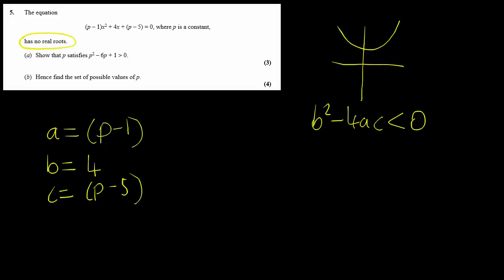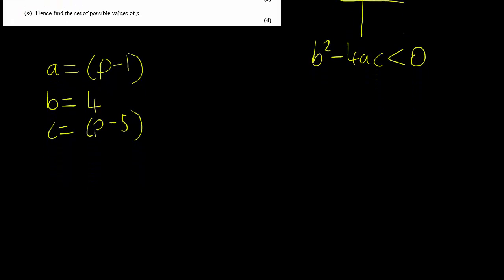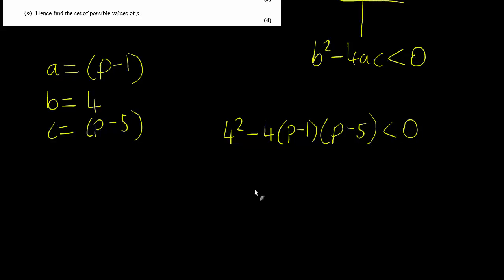We know it's less than 0 because it has no real roots, so we just substitute these in. So 4 squared, minus 4 lots of a, p minus 1, multiplied by c, p minus 5, is all less than 0.